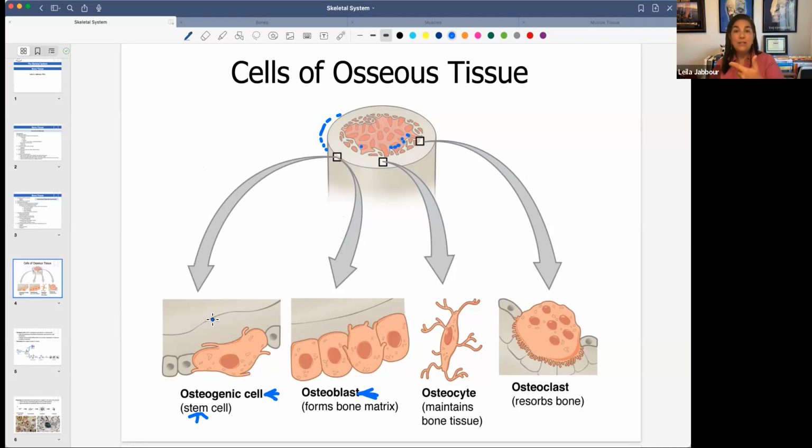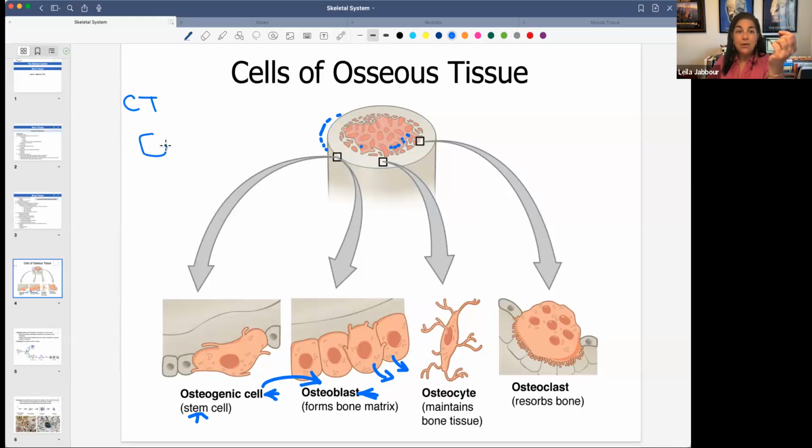So these osteogenic cells are in these different locations, ready to go. If there's stress or need of repair, they will get activated and become osteoblasts. And once they become osteoblasts, they start producing matrix around them, because remember, bone tissue is a specialized connective tissue.